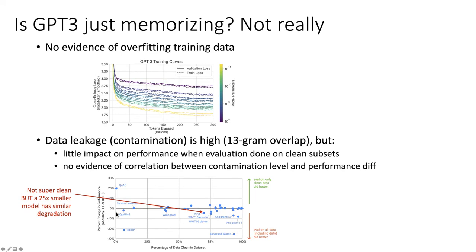The degradation was around, I don't know, 3-4%. If GPT-3 was memorizing, a smaller model should have a smaller degradation, and they don't observe that. So their hypothesis is that this is due to model bias rather than memorization.